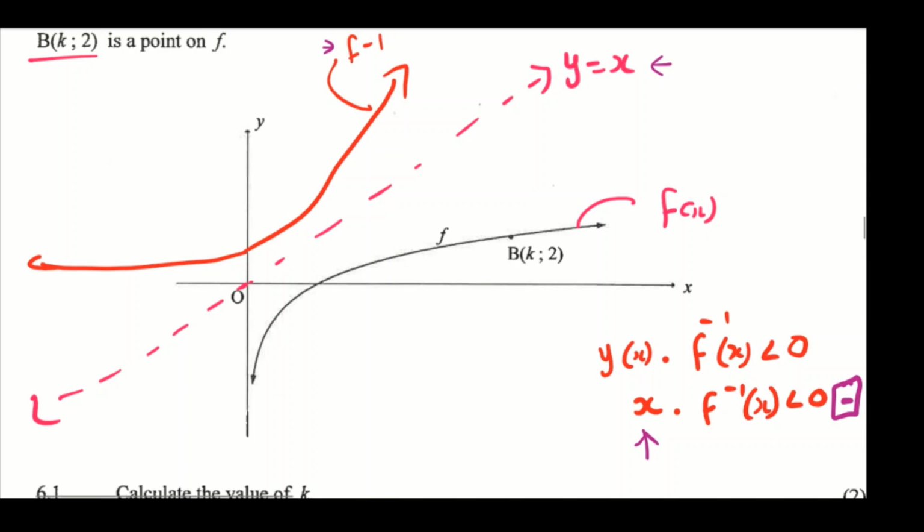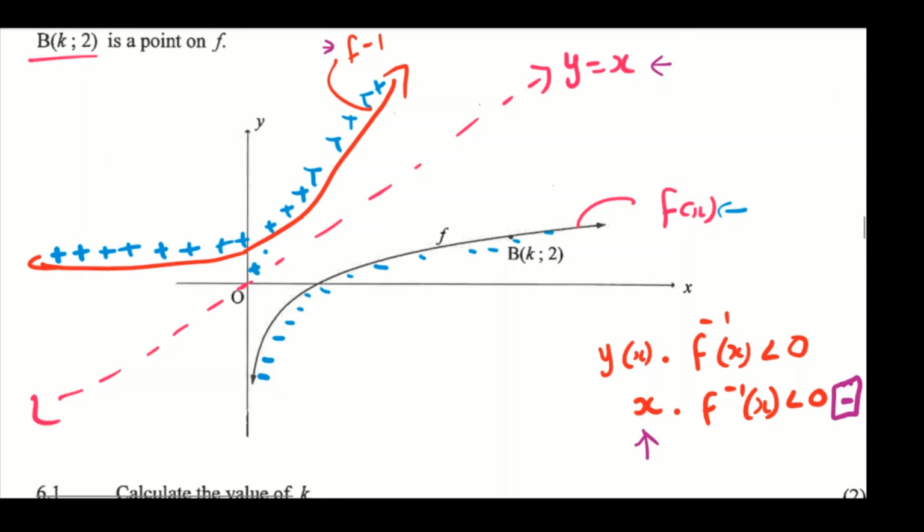So if we check, the y values here are positive, positive, positive throughout. They're positive here, positive here, right? And then here the y values are negative. Even though we're not really interested in the graph of f of x, we're interested in the straight line, so the y values here are positive.